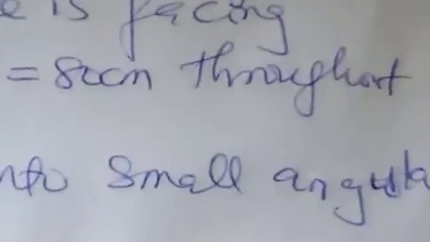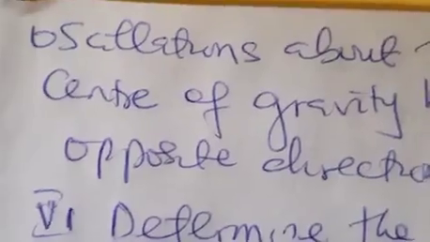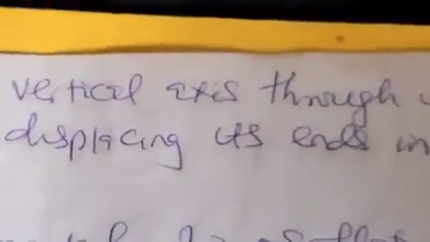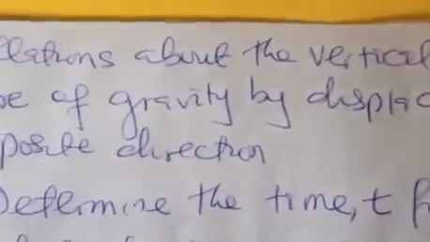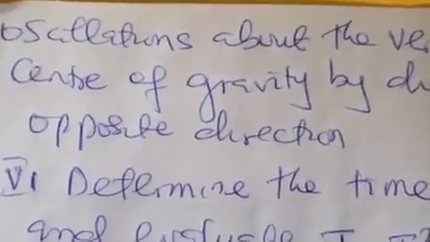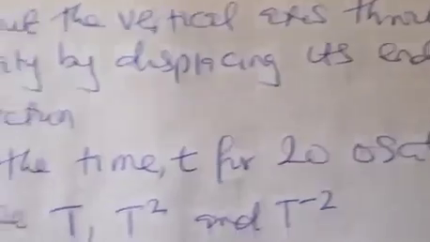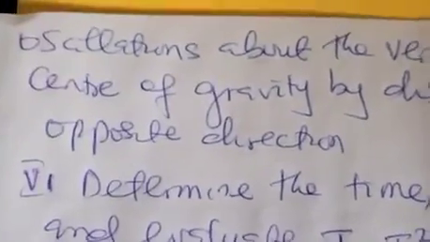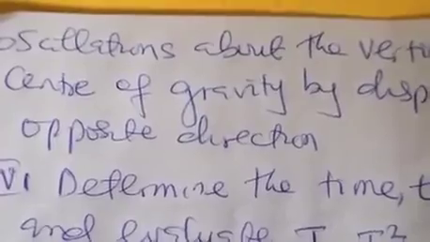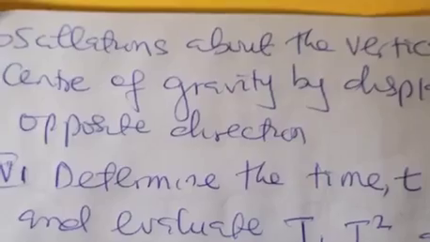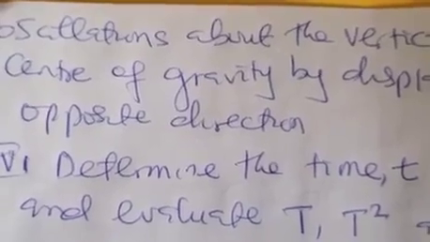V. Set the meter rule into small angular oscillations about the vertical axis through its center of gravity by displacing its ends in opposite directions. So you hold the ends of the meter rule slightly, the 0 end and the 100 cm end, and then displace it to set it into oscillations.